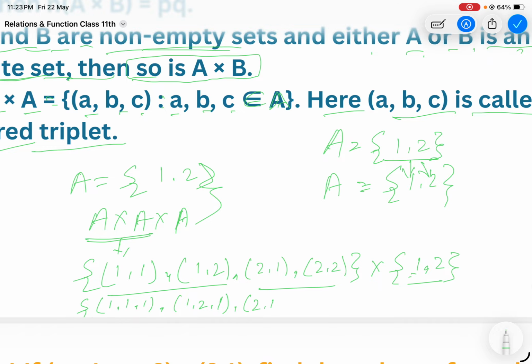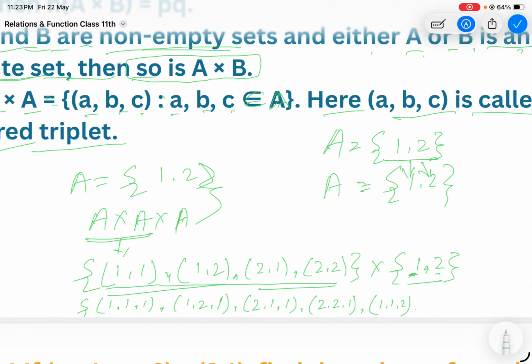Now (2, 1, 1). And if you focus, you can see there are no repeated elements here, okay? Now (2, 2, 1). So now we have taken all the ordered pairs with 1. Now we have to take with 2.